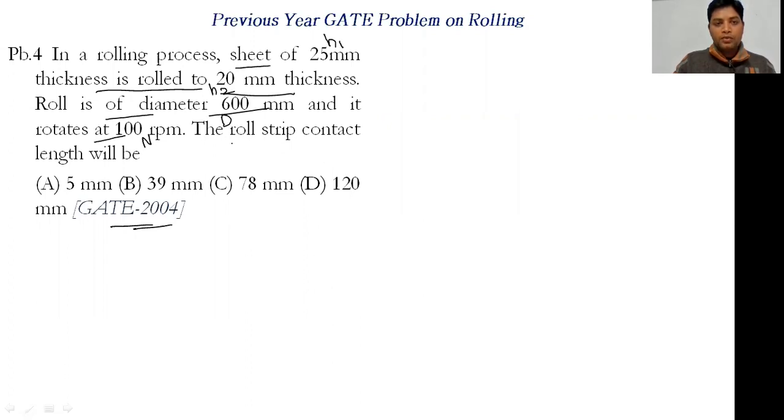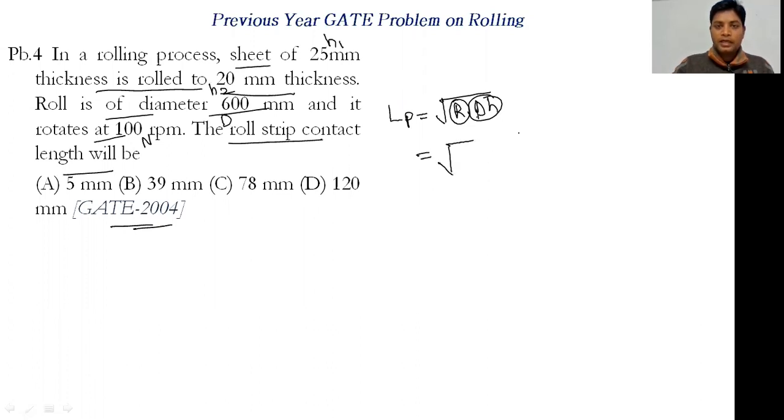We have to calculate the roll strip contact length. What is the meaning of this? This is basically the projected length, that we have seen in the last video. That is equal to the square root of R into delta H, where R is the radius of the roller and delta H is the draft. The diameter is given, so R will be 600 by 2, that is 300, and delta H will be H1 minus H2.